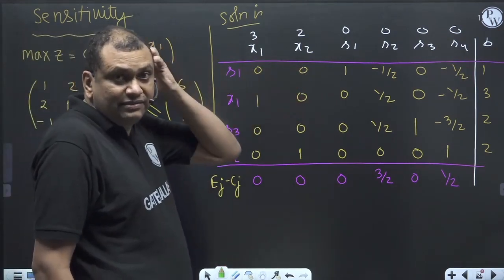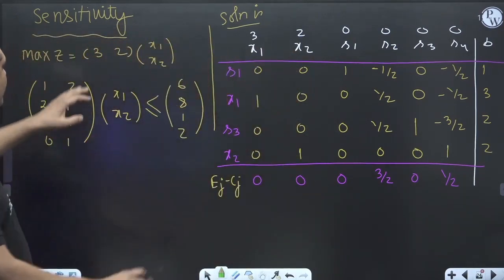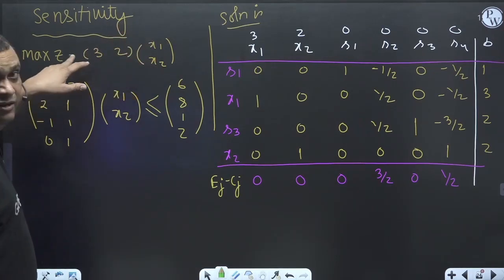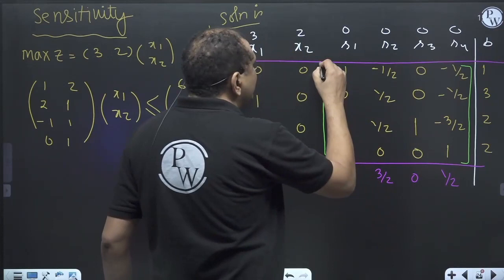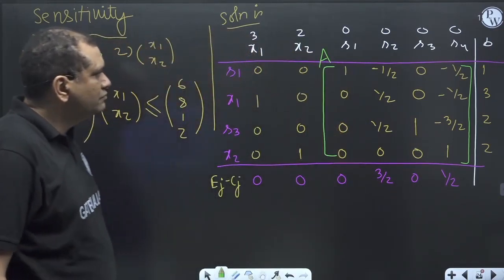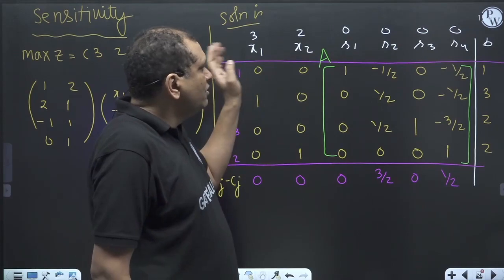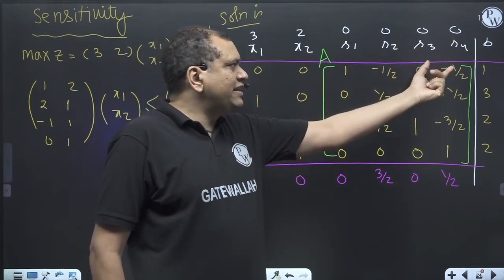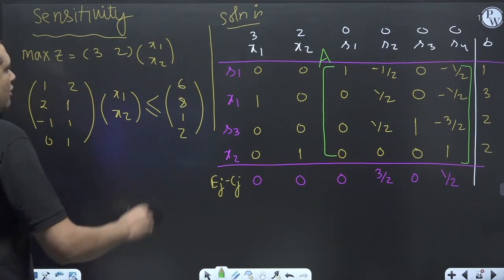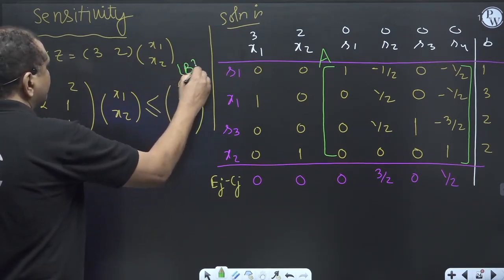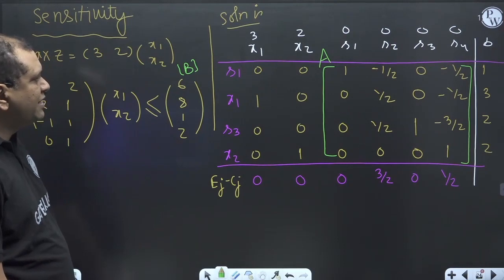In the final matrix, if you remove x1, x2, because x1, x2 are present in the original objective function, then after that, whatever is there below the slack or surplus variables, let us say that is matrix A. On the right hand side of the constant, that is matrix B.